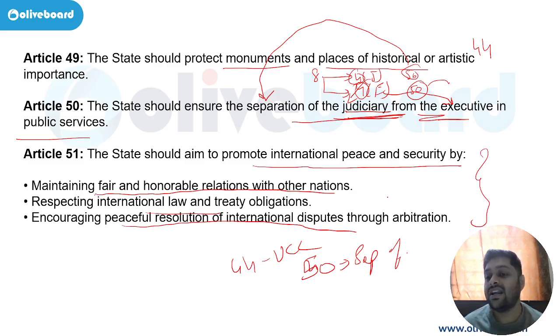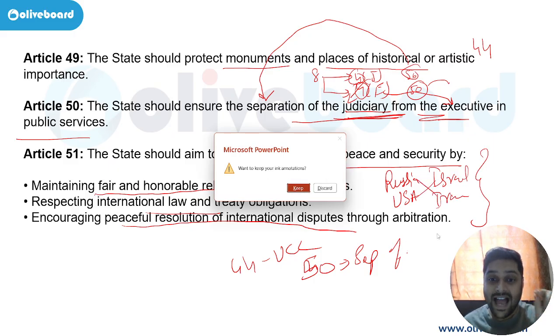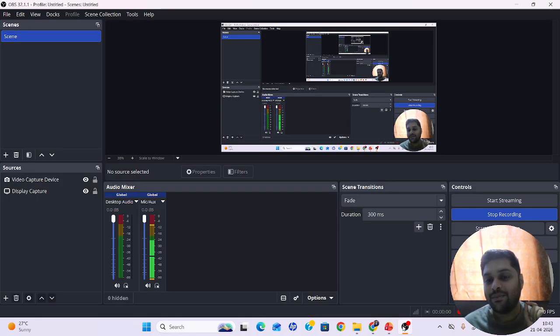So today, India is a good friend of Russia, US, Israel, Iran, all the opposite parties, and that is because we have this Article 51 guiding the government to make its policy. Correct? It is because of that.